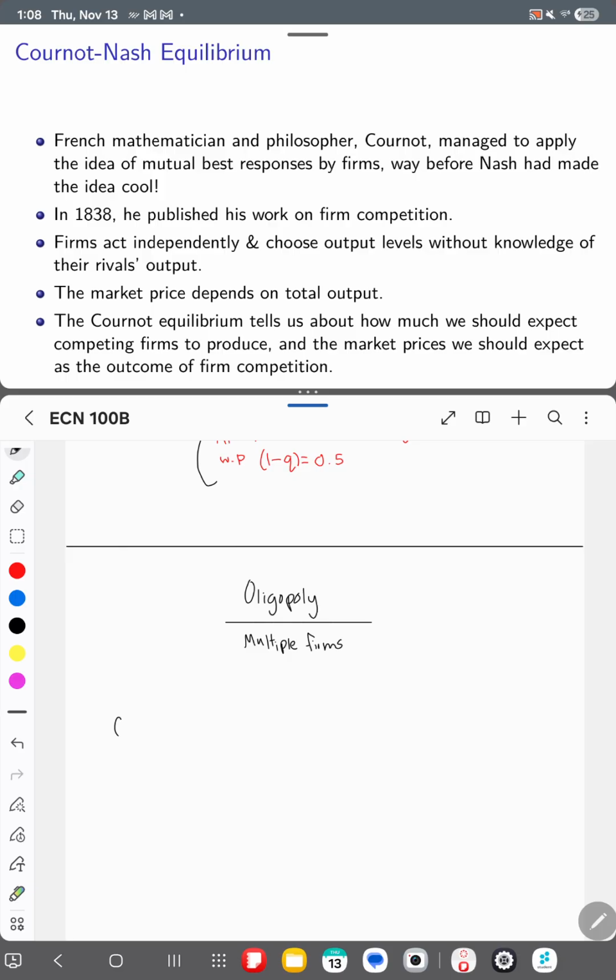They were both trying to address the same question, but they came up with slightly different answers because they assumed a couple of slightly different things. So Cournot assumed that firms compete by setting quantity, and this is why he gave a theory for quantity competition.